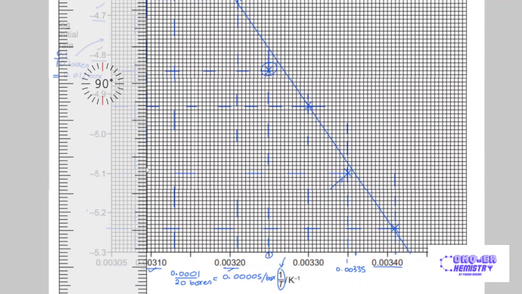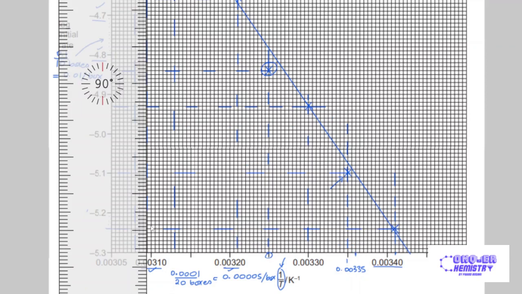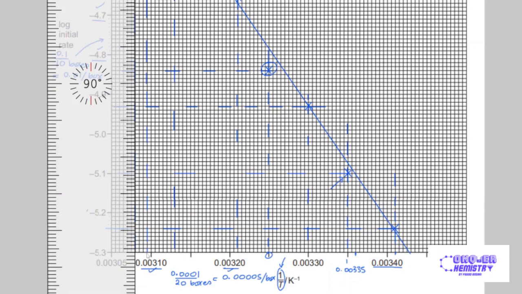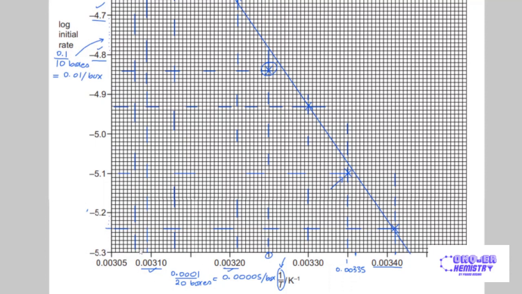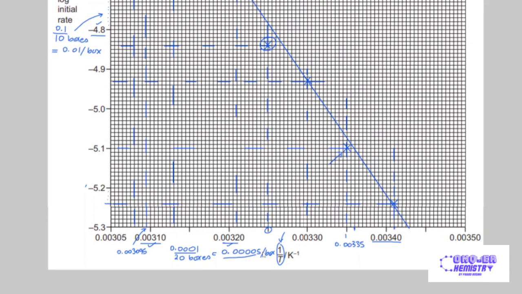Make sure that it is parallel to that vertical line that you want to draw the dashed line on. And over here, this is one box behind 0.0031. So we're going to say that this over here is 0.003095, because we know that this is the value per box, 0.00005.